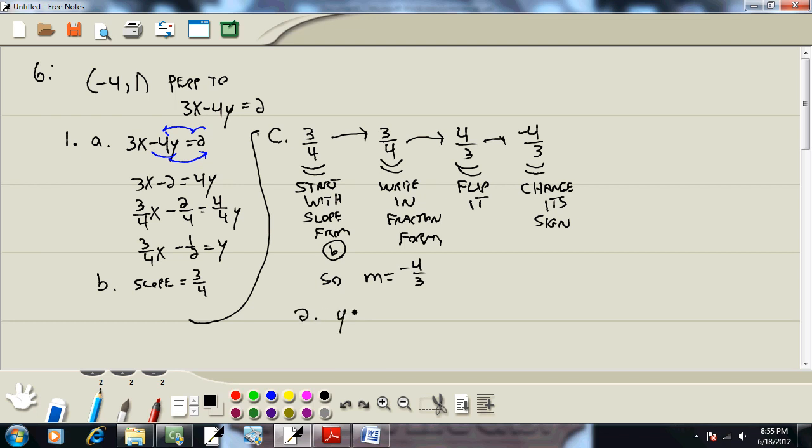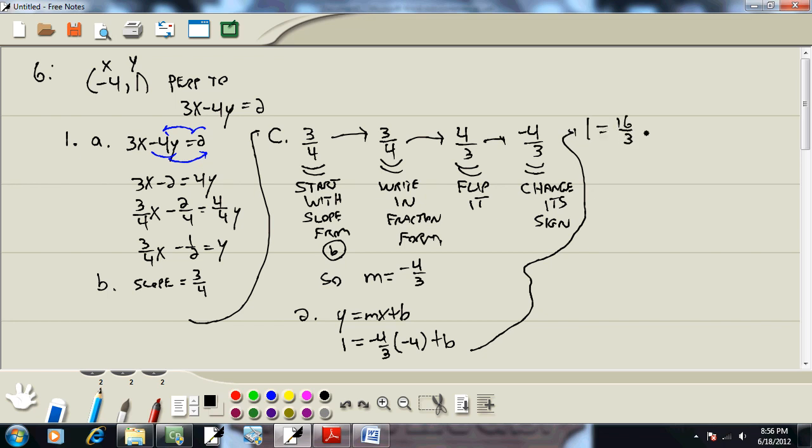Now step 2 was to plug in the given point for x and y. This is x and this is y. So plug 1 in for y. M from step 1 we said was negative 4/3. And x is negative 4, plus b. So we get 1 equals negative 4/3 times negative 4, which gives us a positive 16/3, plus b. Take 16/3 to the left side, it becomes a negative 16/3.